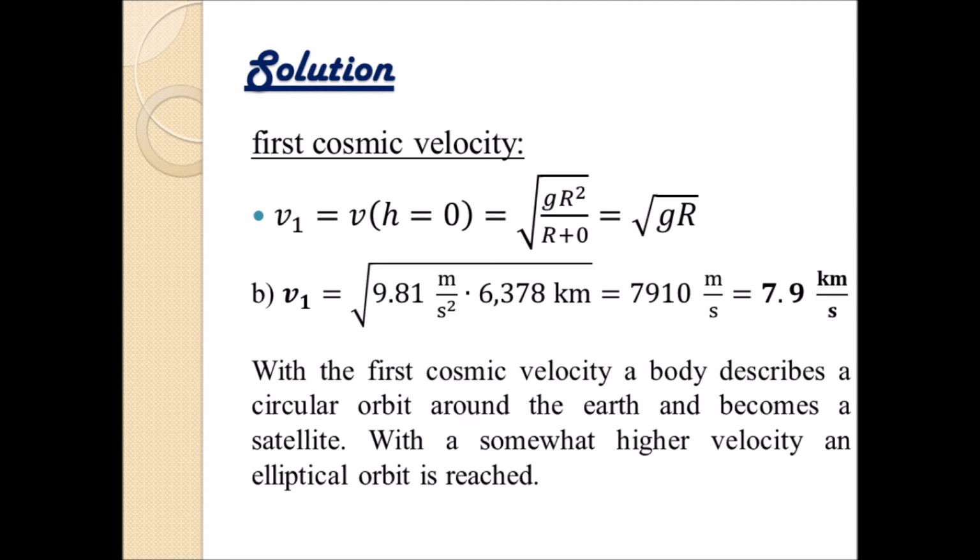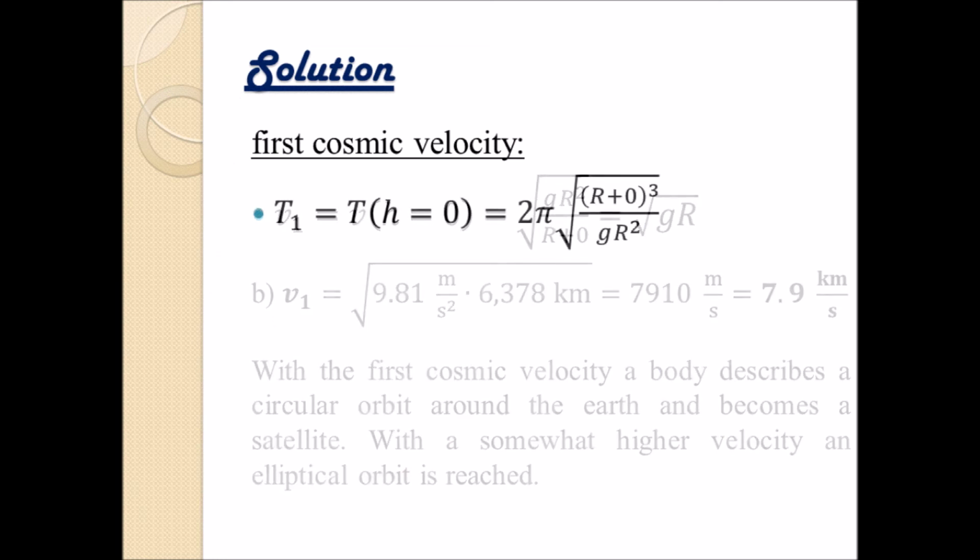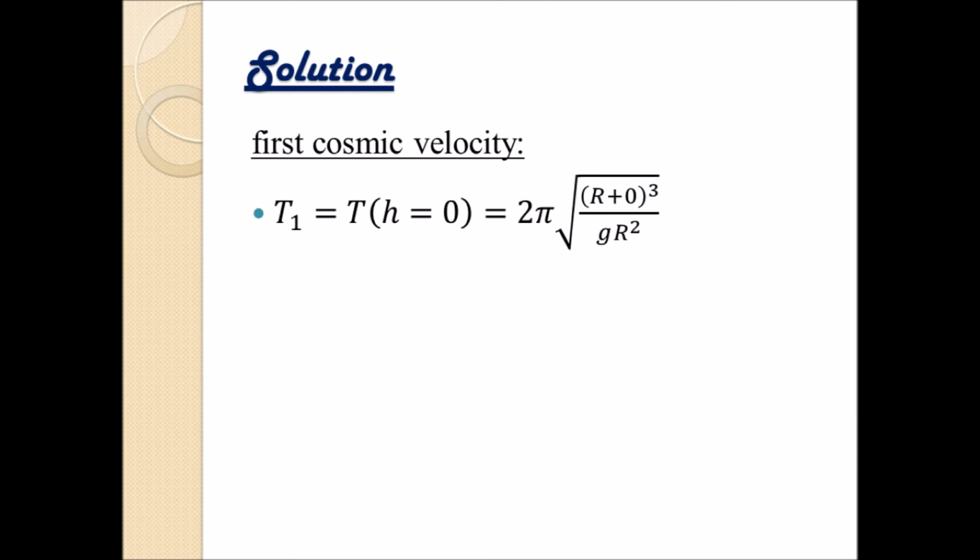Now, of course, if our satellite travels with 7.9 kilometers per second, how much time does it take to turn around the Earth once? In order to calculate this, we have actually given the exact equation. We know that T1 equals T if we substitute the height h by 0. And if we do this, we get that T1 equals 2 pi multiplied with the square root of r over g.